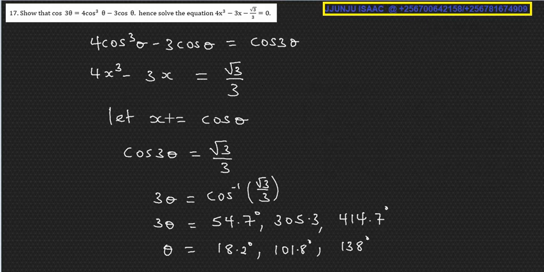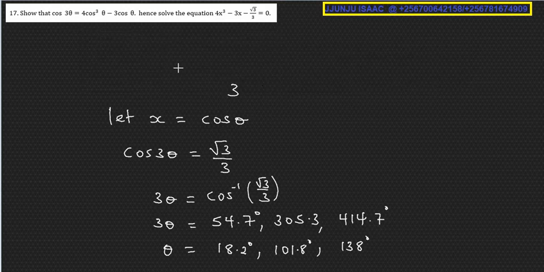Remember that is theta, but we are interested in x. So we know that x is equal to cos theta. Let me create some space here. So x, we have theta as 18.2 degrees, 101.8 degrees, and 138 degrees.